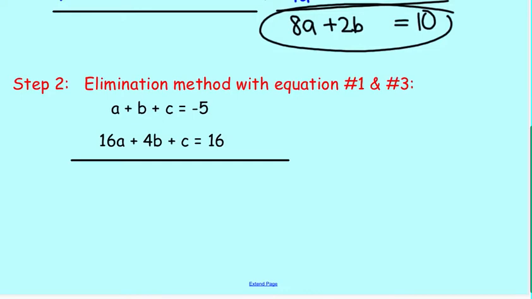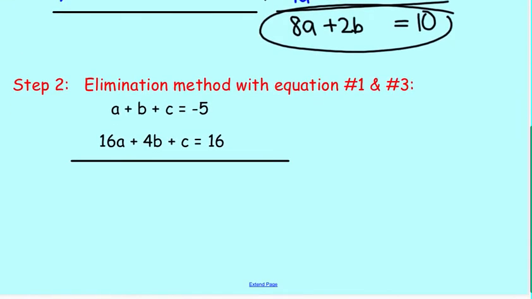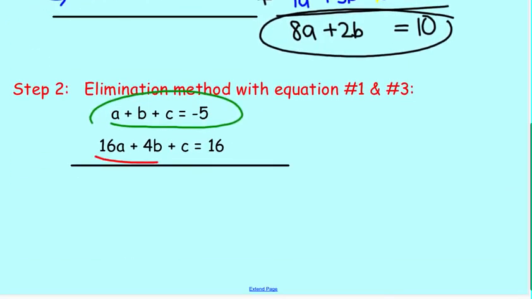So we're going to use equation 1 and 3, the green one and the red one. So here's our green one, that was our top equation, and our red one. If we add them together right now, trying to eliminate that same variable c, they won't eliminate.